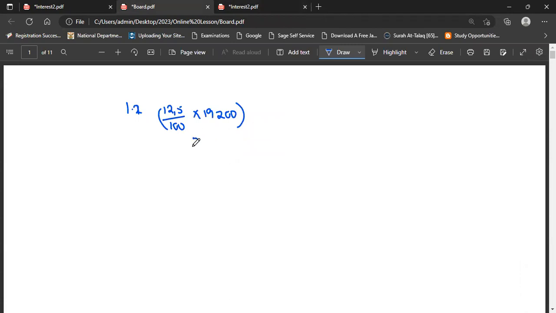But remember, the bank is keeping the money for 36 months. We have to turn this into years. So it becomes what? 3 years. So we take the interest and multiply by 3 years.